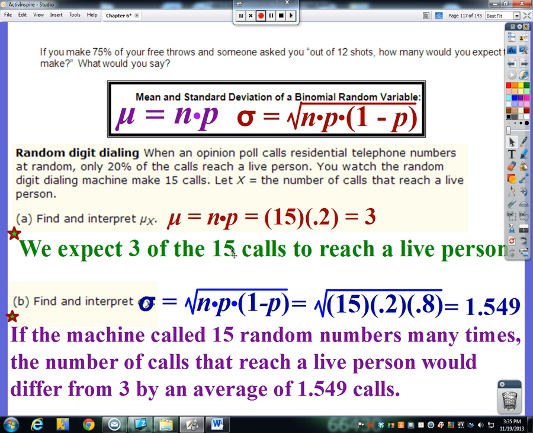So sometimes we might call and get 4 live people. Sometimes we might get 5 live people. Sometimes we might get 2. Sometimes we might get 1. Other times we'll probably get exactly 3. So the average amount that we're away from the mean, which is the definition of standard deviation, is about 1.5 calls.